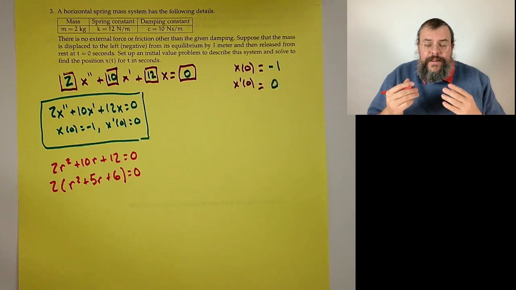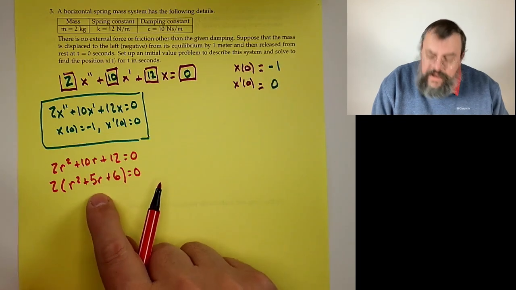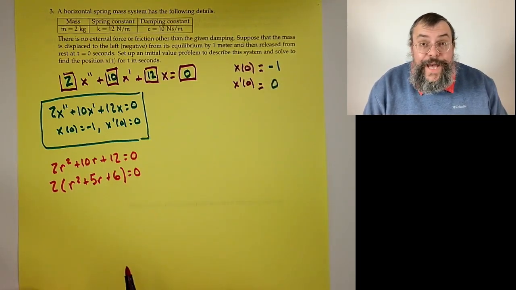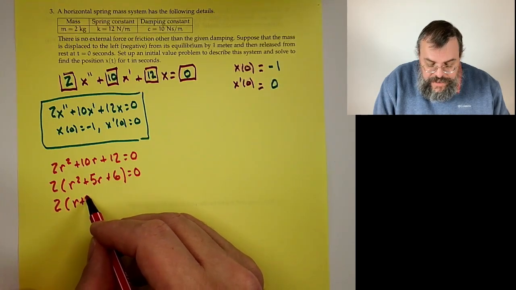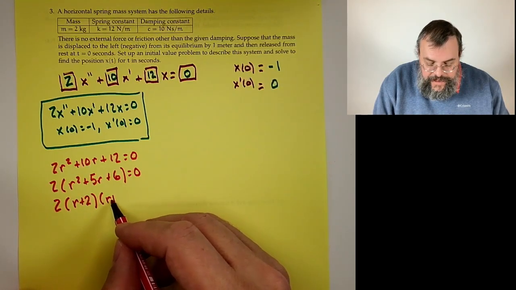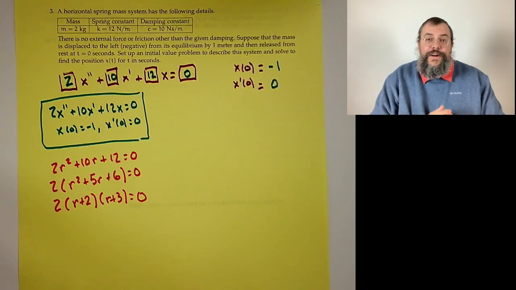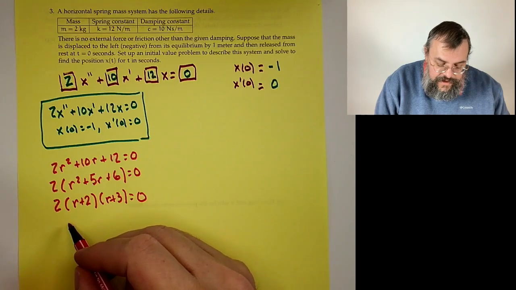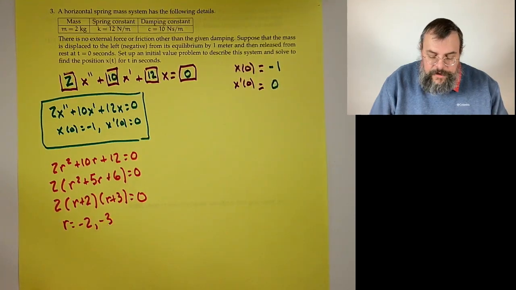Two numbers that multiply to 6 add to 5? It factors. Were they really being nice? So, r plus 2, r plus 3, which means that our roots are -2 and -3.